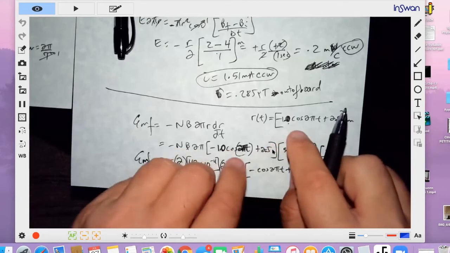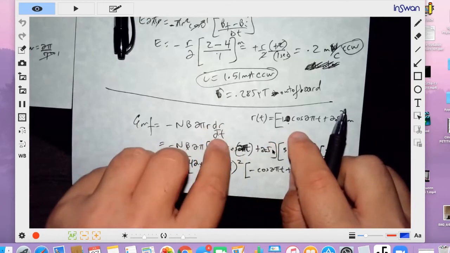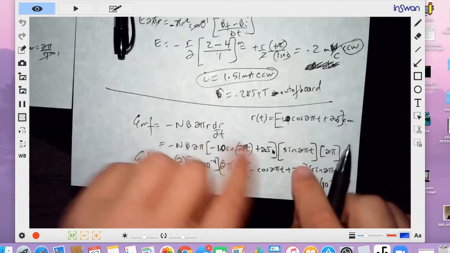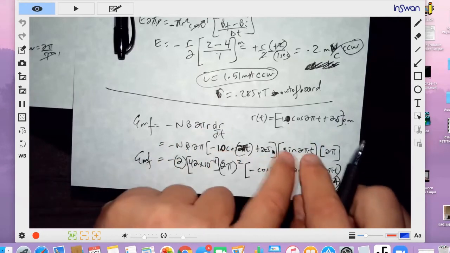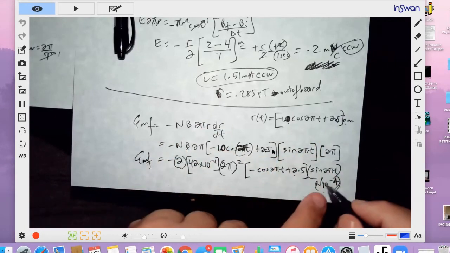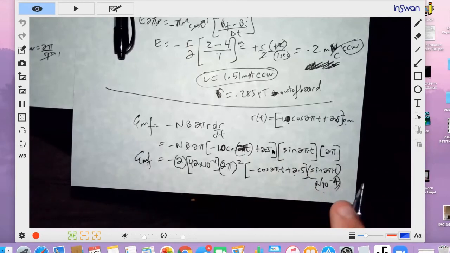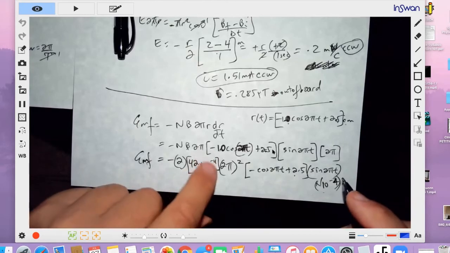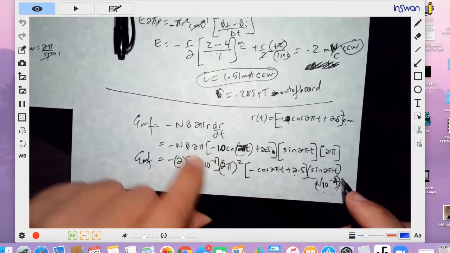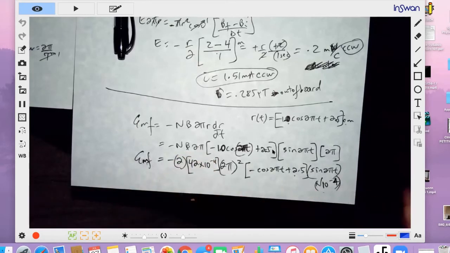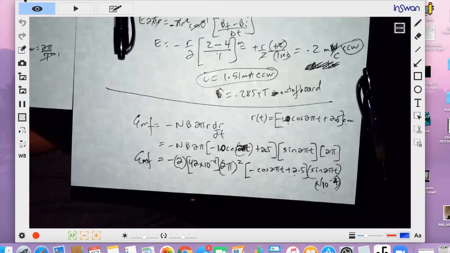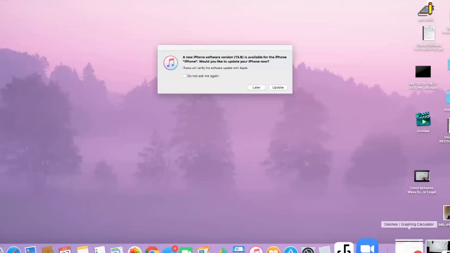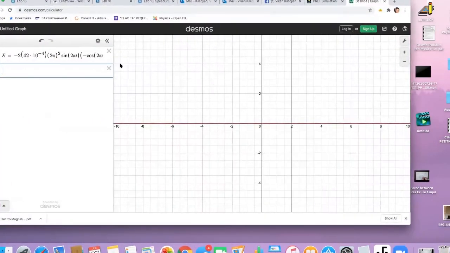It's the r dr dt. So I have to multiply it by 10 to the minus 4. Oh, so it's going to be really small. So 10 to the minus 4 because of the B, and then 10 to the minus 4 because of the centimeters. So the EMF induced is going to be really small.